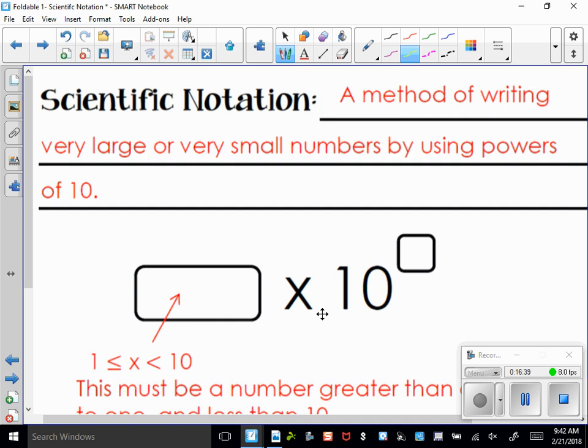So what do we use? An X. All right, so we're going to be using the X and base 10. Okay, that's how we write a number in scientific notation. So the only 2 numbers you'll have to figure out will be the exponent and this number here in front of the times symbol. So it's just a method of writing very large or very small numbers by using powers of 10.